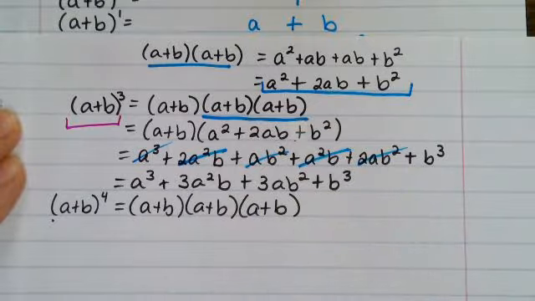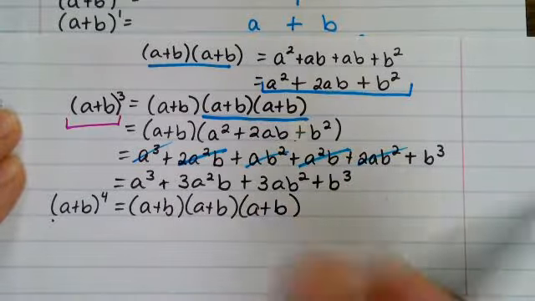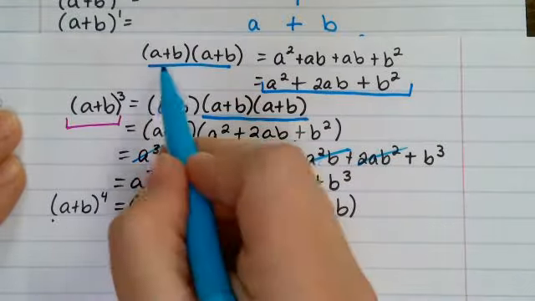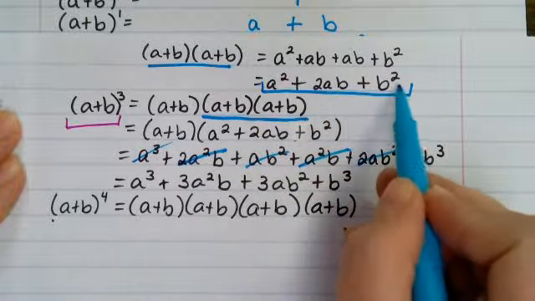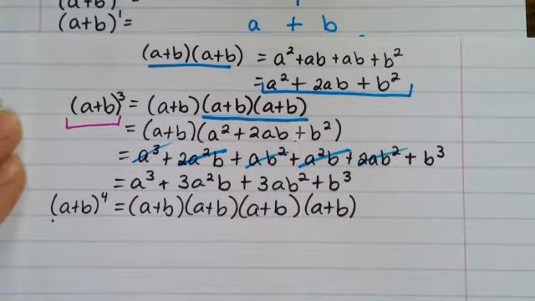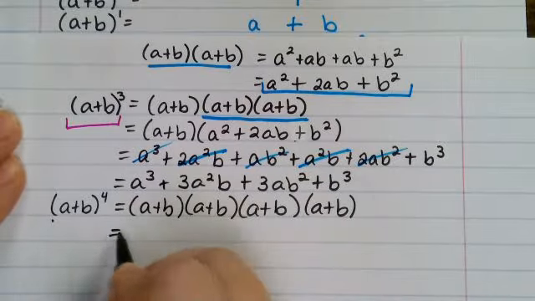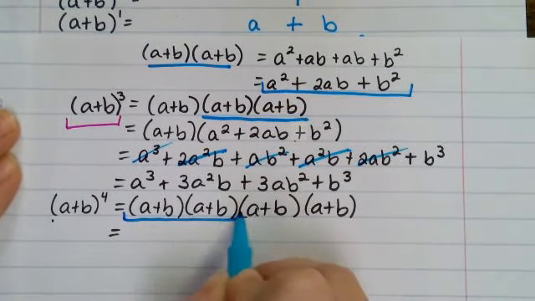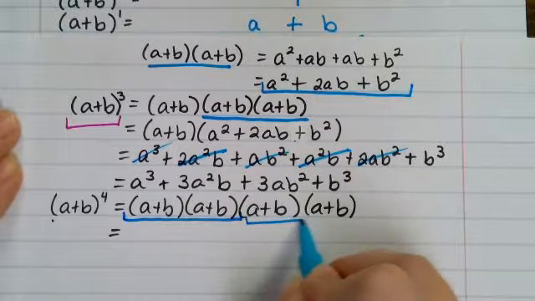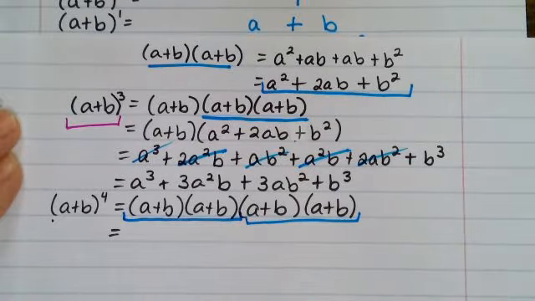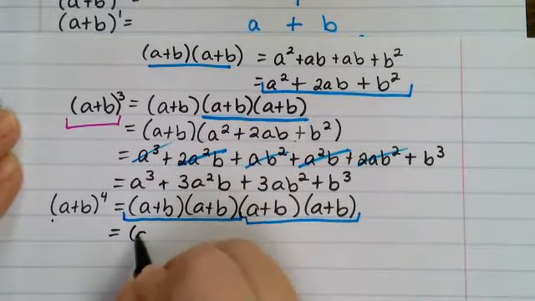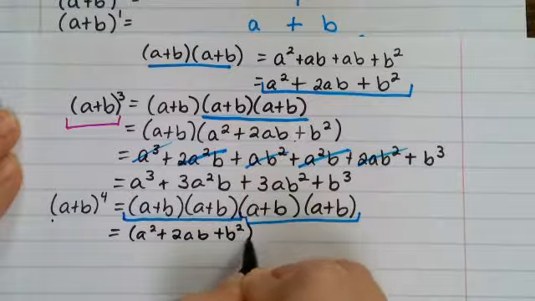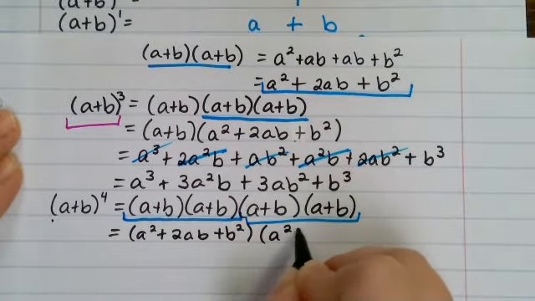Now remember earlier when we had a plus b times a plus b, we had this guy. Well, I can include that. There's a couple ways to do this, but I can take that to replace here and then again for there. So really, it would end up being a squared plus 2ab plus b squared times the same thing.